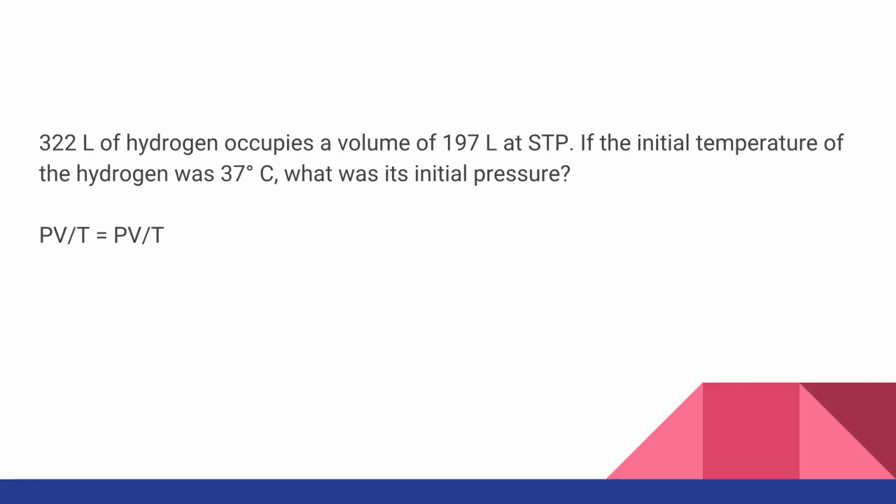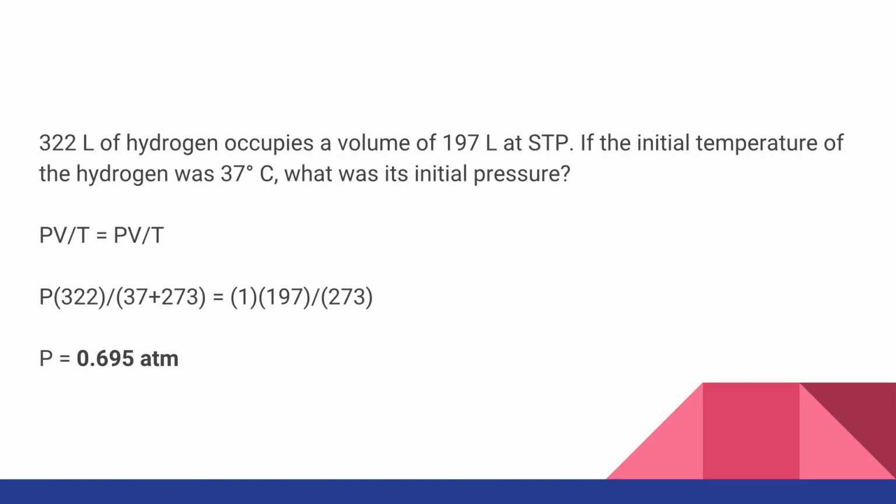So we use PV divided by T equals PV divided by T. We plug in the given information, so it's P times the 322 liters of hydrogen divided by 37 degrees Celsius converted to Kelvin, and that's going to equal 1 atm times 197 liters divided by the temperature at STP. So we solve for P, and that would come to 0.695 atm.